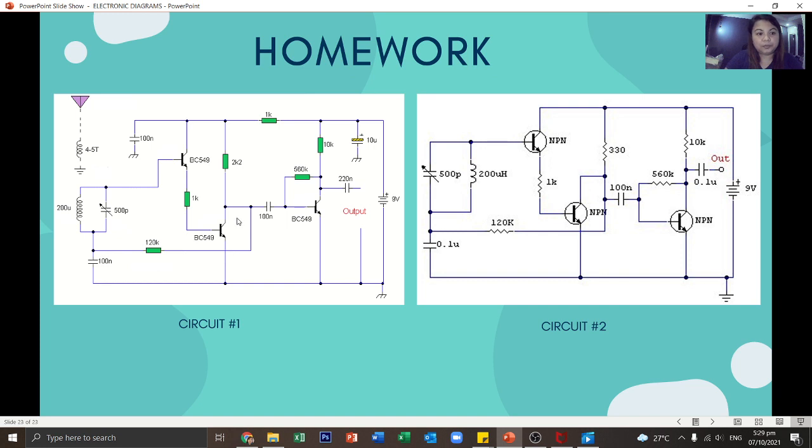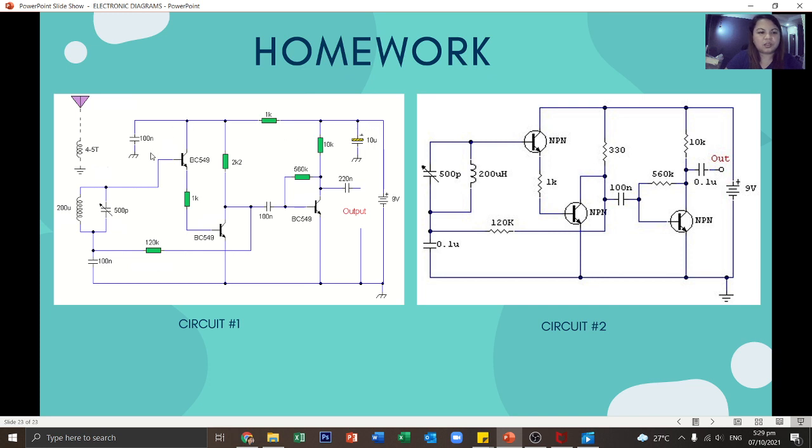And all the other components. And then you need to trace the current. Use different colors of pencils or ball pens. Here we have the power supply on the right side. Based on conventional current flow, we use the flow from positive to negative.